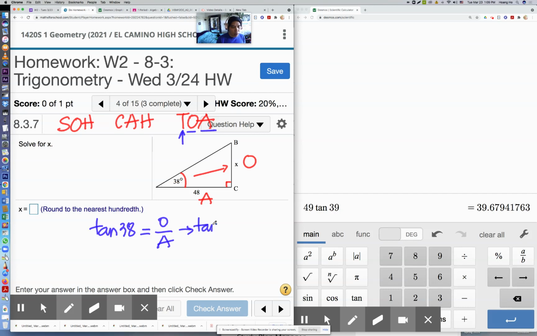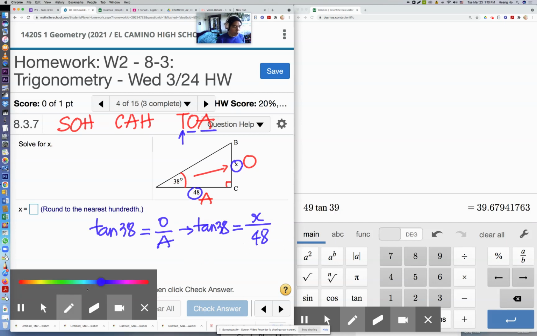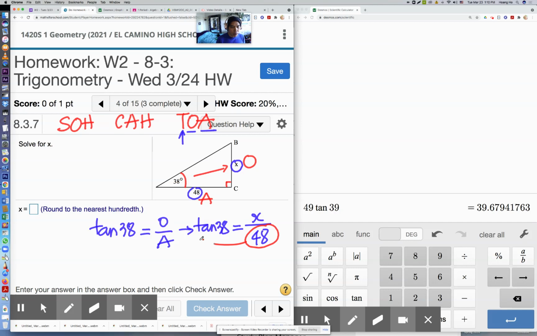Substitute in: opposite is right here, that's x, I put x on top. Adjacent happens to be 48. So you've got your equation. You just want to solve for x. So I will cross 48 to the front. So x equals 48 tangent 38.